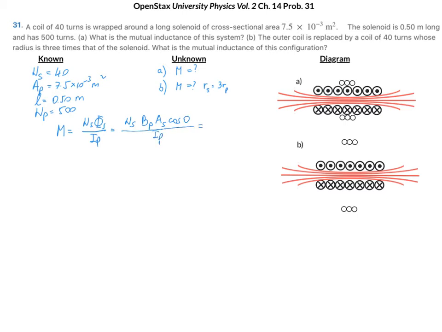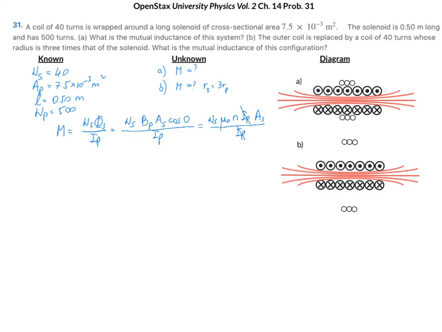Now, since the solenoid is the primary, the magnetic field that the primary creates is mu naught, number of turns per length, times the current in the primary, and then we multiply this by the area of the secondary divided by the current in the primary. I said earlier we don't know the current in the primary. Well, it doesn't matter.